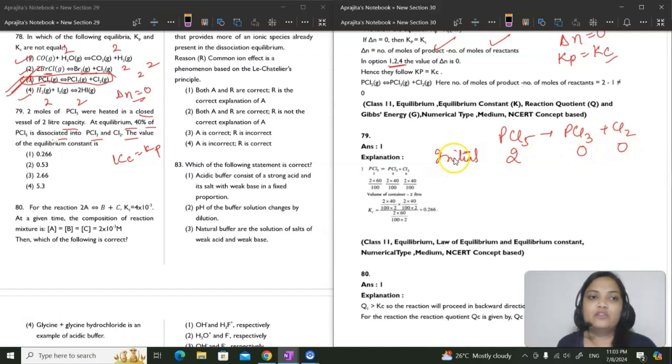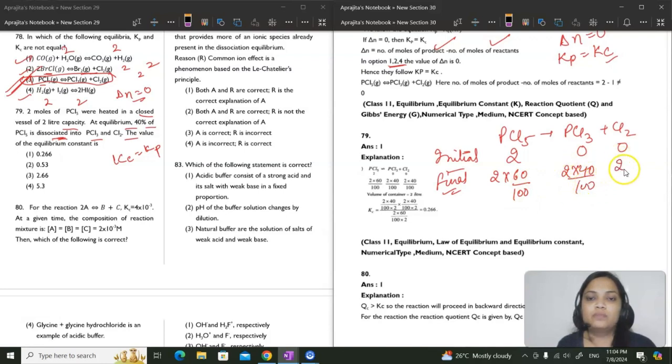This I am telling you about the initial. Now what happened at equilibrium? 40% of PCl5 is dissociated. If 40% is dissociated, how much is left? 60% is left, and the concentration of product will be 40%.